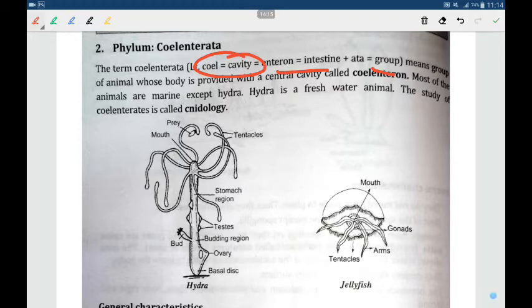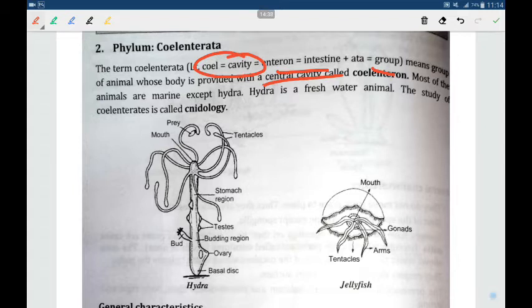Those animals which contain a central body cavity, the coelenteron, with one cavity in their body, are called Coelenterata.